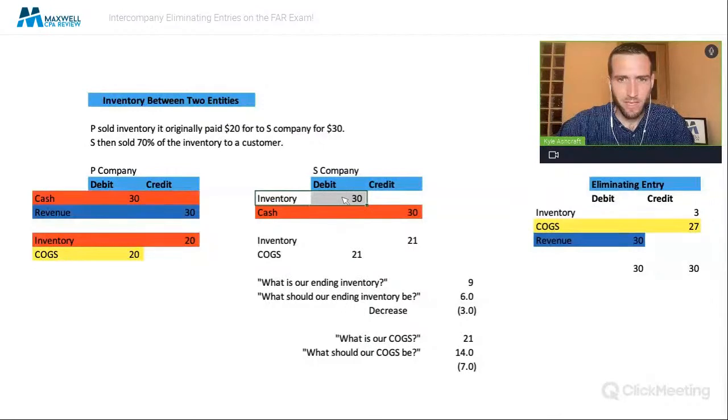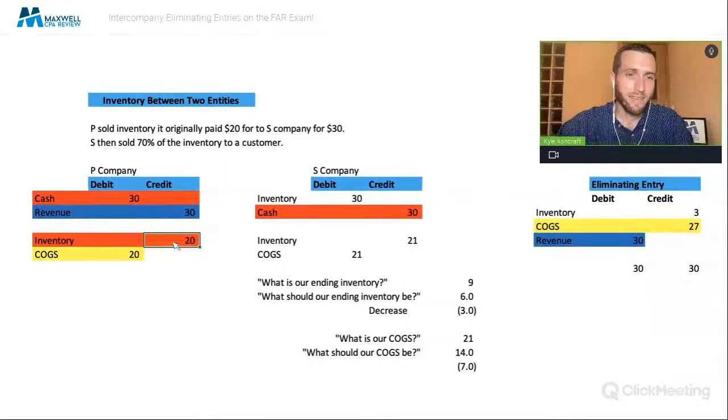Now we get to their inventory balance. So at year end, the subsidiary is going to have an ending inventory of $9. We need to ask, what should it be if they sold this inventory straight to the customer? So should it be 9? No, it should be a lower amount.